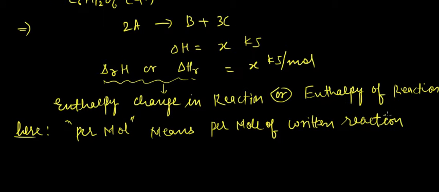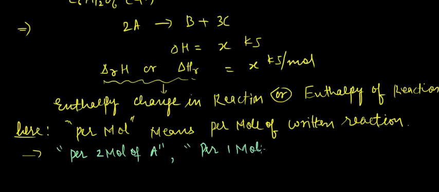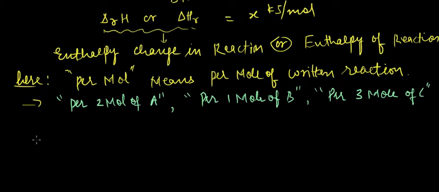Which simply means the enthalpy delta rH, which is X kilojoule per mole, is per 2 moles of A, per 1 mole of B and per 3 moles of C. Next, let's see another reaction in which 4A gets converted into 2B plus 6C.